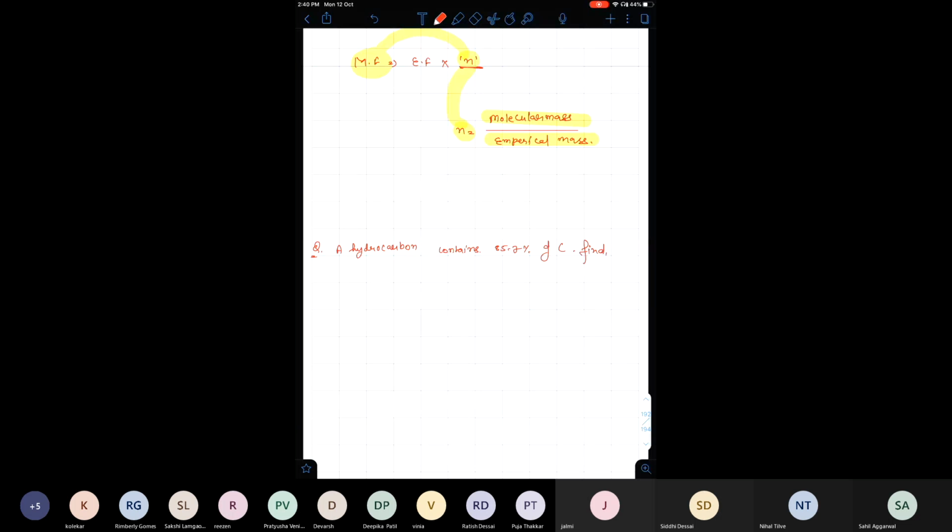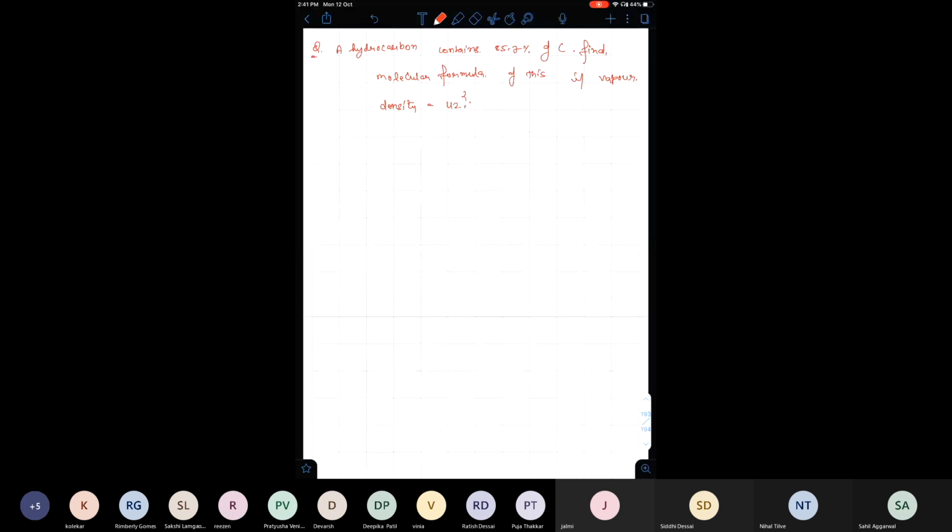Find the molecular formula of this, if vapor density is 42. Try this.